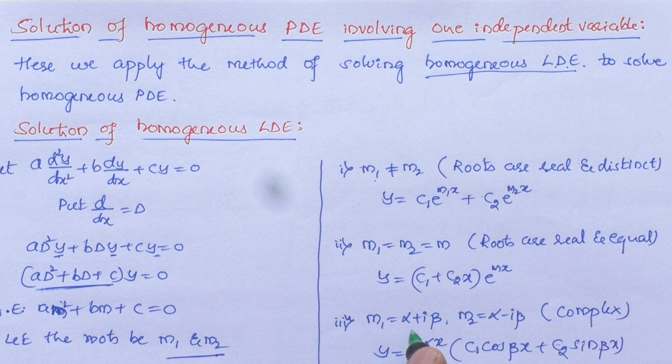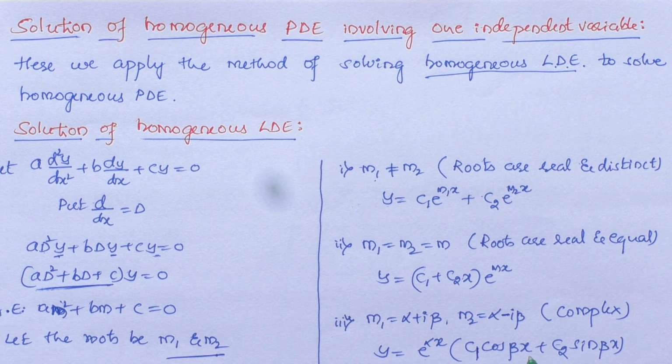Next, if complex, we know that complex roots exist in conjugate pairs. If one is alpha plus i beta, the other will be alpha minus i beta. In this case, we write the solution as y equal to e raised to alpha x (c1 cos beta x plus c2 sin beta x). Like this we solve homogeneous linear differential equations.